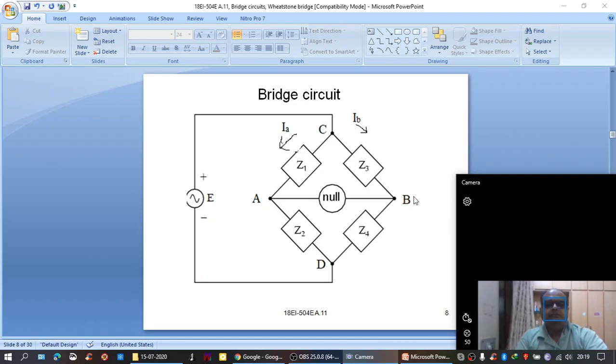So VB is equal to E by Z3 plus Z4 into Z4, right? Now, a bridge is said to be balanced when the output across the bridge is 0. That is when VA is equal to VB, or when VA minus VB or VB minus VA is equal to 0, then we can say that the bridge is balanced.